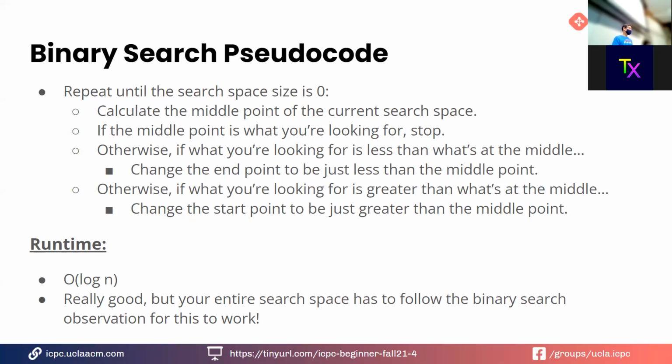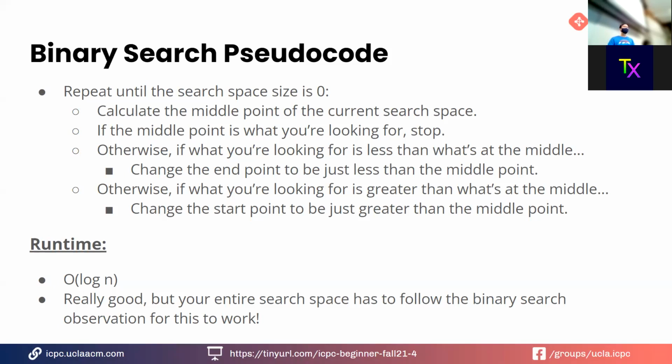And then the runtime for n items would be O of log 2 n, which we would just write as O of log n, because you're dividing your search space in half each time. Notice we had 8 items, and then we only have to do 3 checks, and log 2 of 8 is 3.